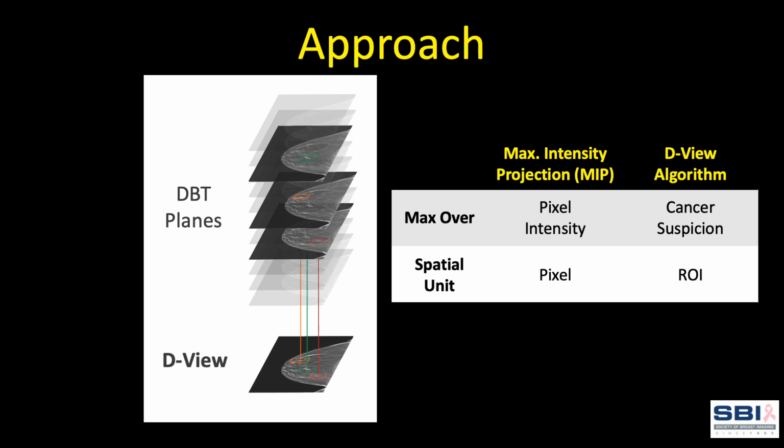Overall, you can think of this method like a MIP, but instead of taking a maximum over pixel intensity, it's taking a maximum over cancer suspicion as deemed by an AI model. And instead of operating at a pixel level, it's operating at a region of interest level. In this sense, the D-view synthetics are optimized for cancer detection and to particularly take advantage of the tissue superposition benefits of DBT.